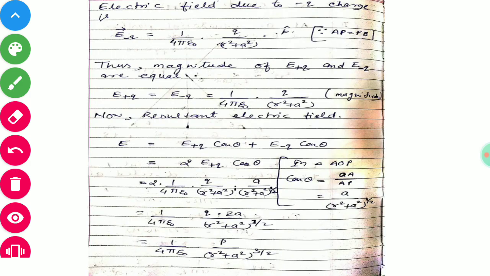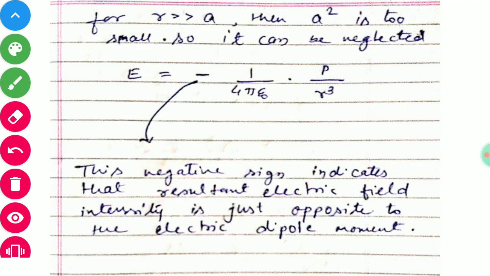Both having the same base, the powers should be added, so it becomes (r square plus a square) whole raised to power 3 by 2. And we have already discussed that Q into 2a is what? Electric dipole moment. So it becomes 1 by 4 pi epsilon naught p by (r square plus a square) whole raised to power 3 by 2.